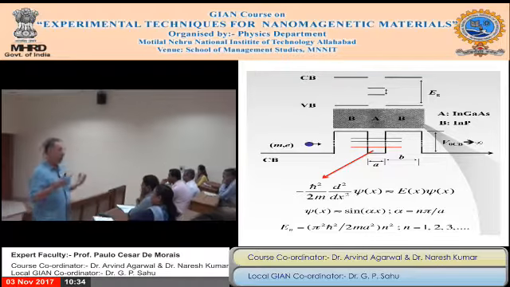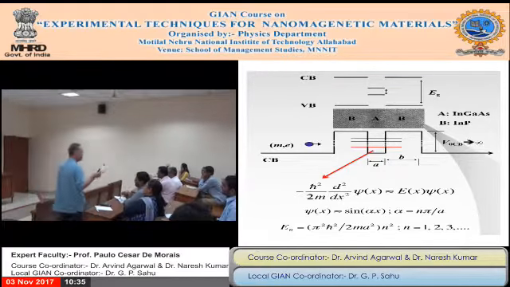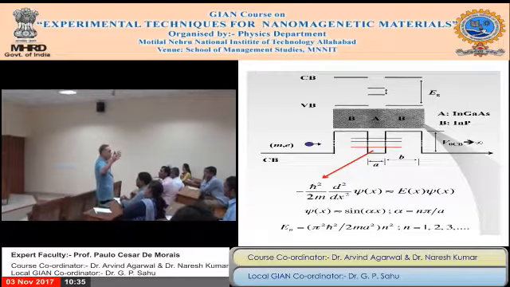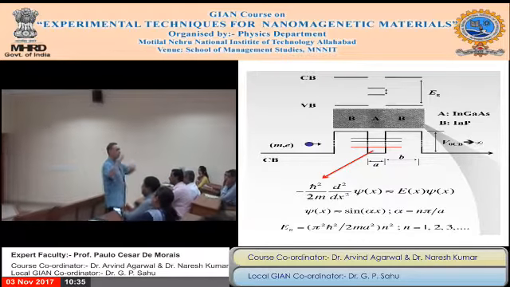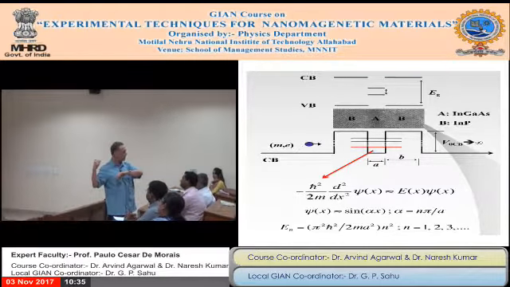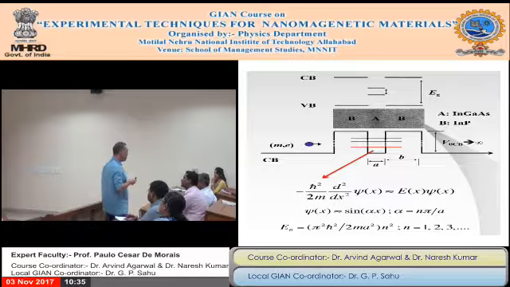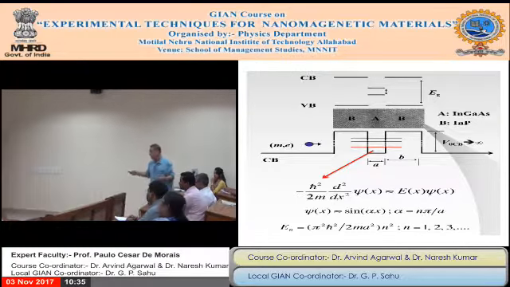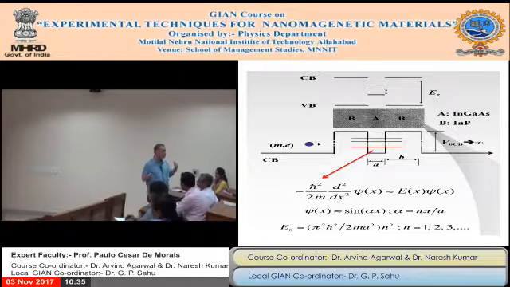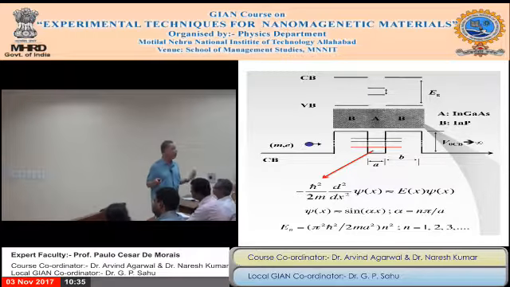So, what nanoscience does is just take the book, shrink it, make a quantum well like this, and then the energy levels split. And those energy levels you can populate. You can think of this particle as electrons or holes.